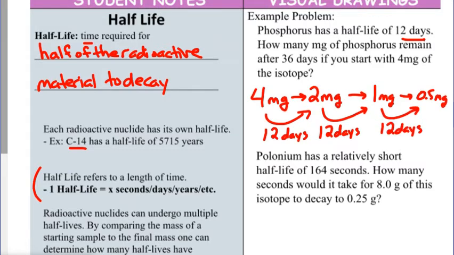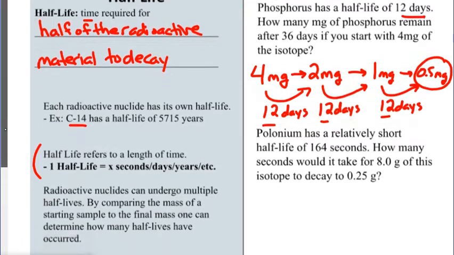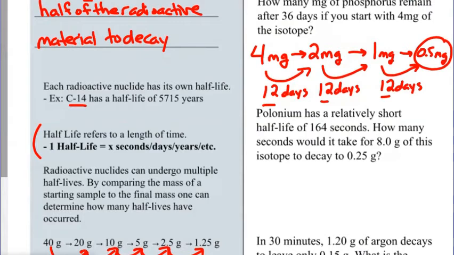In total, 12 plus 12 plus 12, that 4 milligrams down to 0.5 milligrams took the length of 36 days. So after 36 days, we would have only 0.5 milligrams of our sample remaining. Okay, so again, half-life refers to how long it takes for half of that material to decay, and the length of each half-life is the same amount of time.